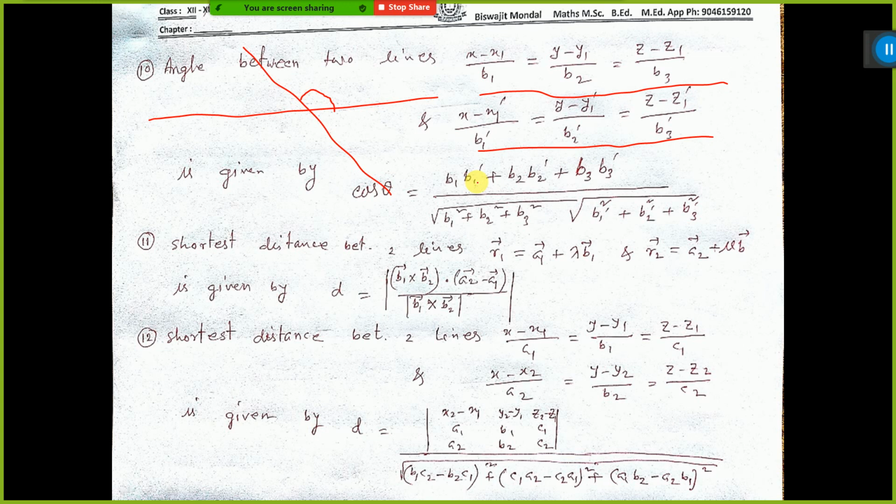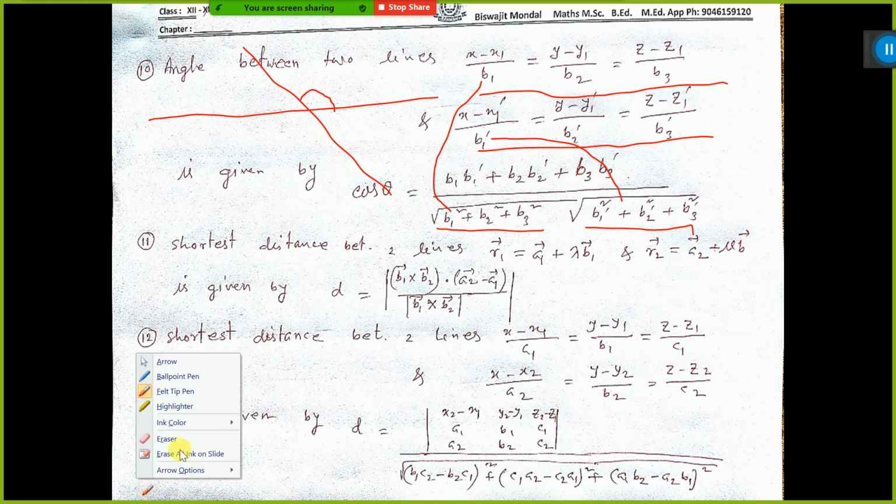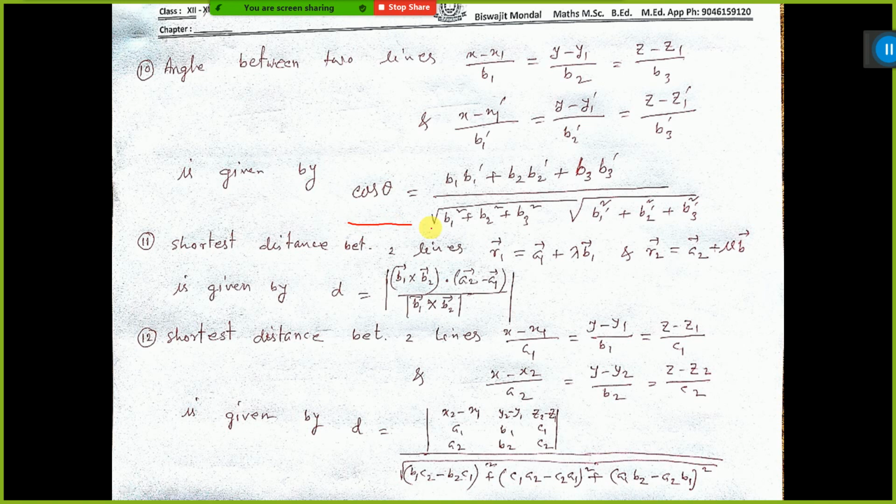Here b1 and b1 dash are the direction ratios. So cos theta equals b1 into b1 dash plus b2 into b2 dash plus b3 into b3 dash, divided by root over of b1 square plus b2 square plus b3 square, into root over of b1 dash square plus b2 dash square plus b3 dash square. So this is for the Cartesian equation of lines, then you will get the angle by this formula.